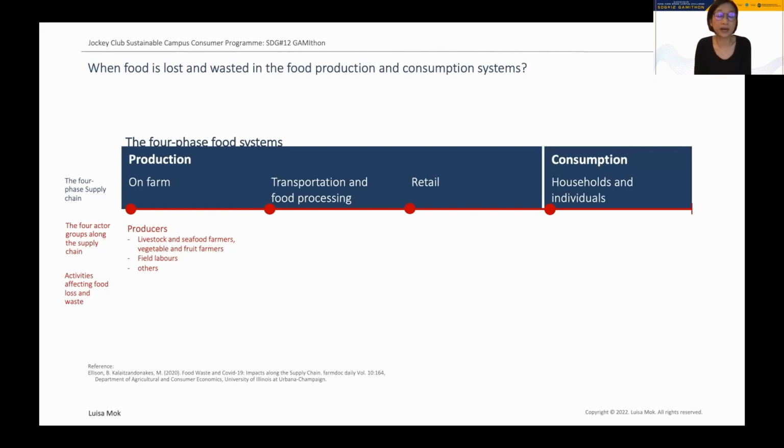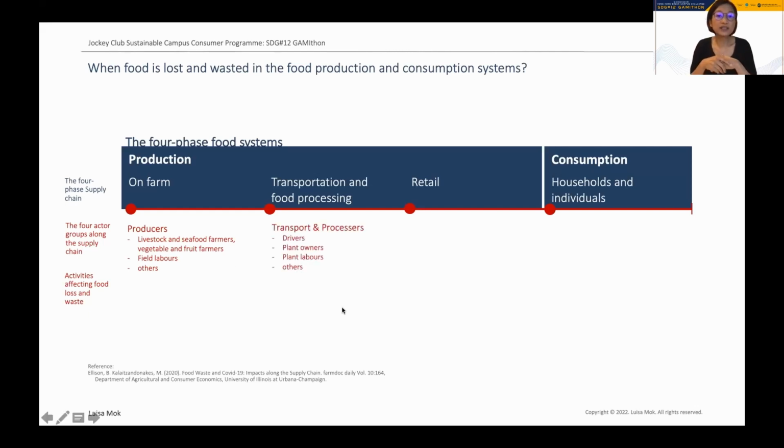If it is on farm, then usually it is the producers, for example cow farmers, pig farmers, chicken farmers, fish farmers, and also vegetable farmers. And also actors like the laborers, the workers working in the field, for example berry pickers, mushroom pickers, or workers helping with fish farming, feeding the fish. So those are the workers, and others that you can think of.